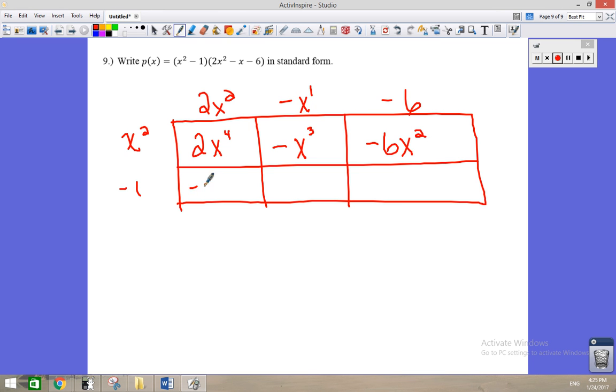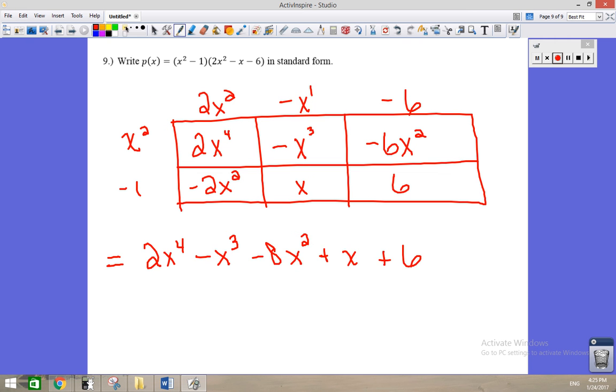Then over here, negative 2x squared, positive x, and negative times negative is positive 6. So I've got 2x to the 4th minus x cubed. With this, negative 6x squared and negative 2x squared is a negative 8x squared, plus x plus 6. That's my final answer because that's in standard form.